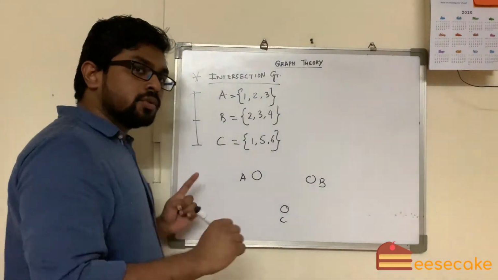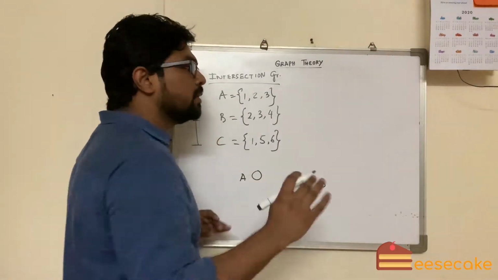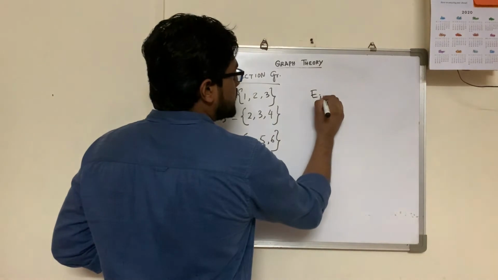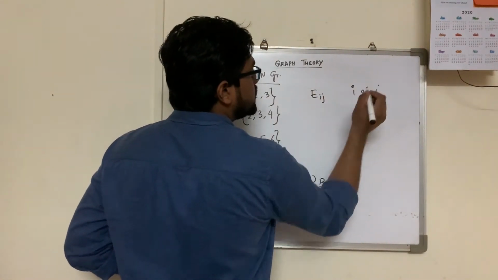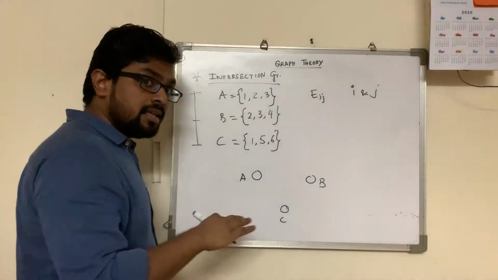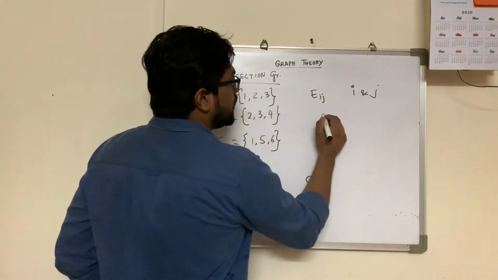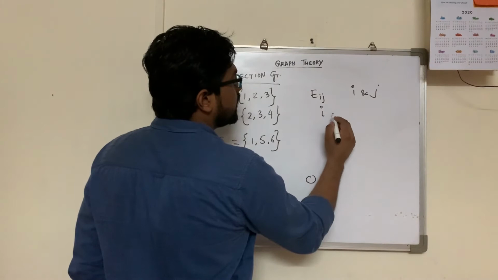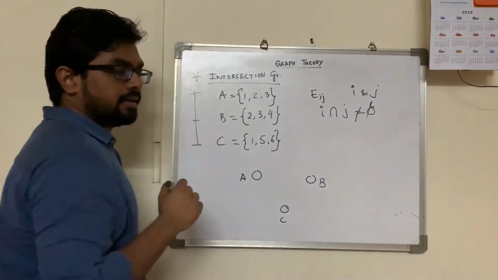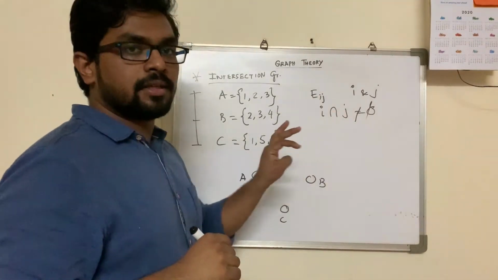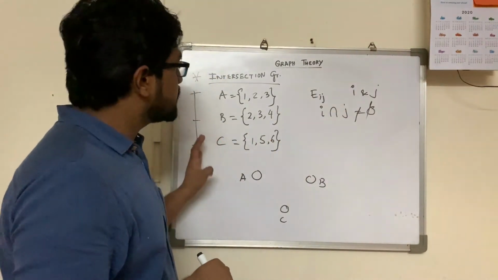There will be an edge E_ij between the i and j vertices if and only if the ith set intersection the jth set is not phi. Well, there has to be something. Let's see from this example what happens.